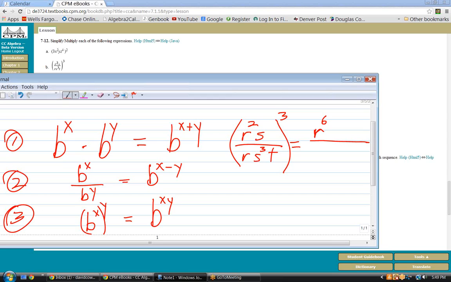Rule 3 says that if you have a base that's taken to an exponent x, and you raise it to another exponent y, then you multiply the 2 exponents together. That's what rule 3 means, and it applies to this situation here. And then the exponent on s is actually 1, right? So it's s cubed. And now apply it to the bottom also.